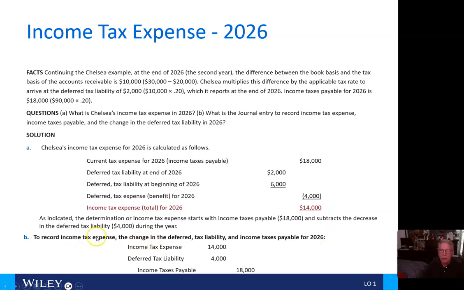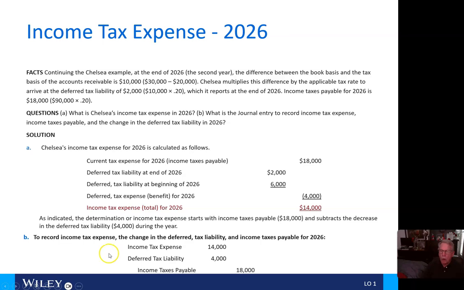As indicated, the determination for income tax expense starts with income taxes payable, $18,000, and subtracts the decrease in deferred tax liability, $4,000 during the year.